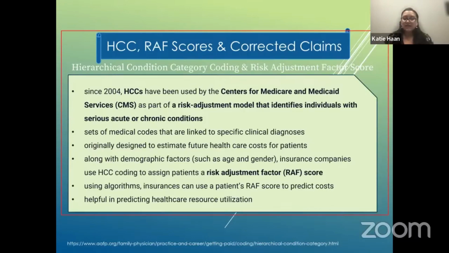They're originally designed to estimate future health costs for patients, and along with demographic factors such as age, gender, insurance companies use HCC coding to assign patients a risk adjustment factor or RAF score. Using algorithms, insurances can use a patient's RAF score to predict costs, and it's helpful in predicting healthcare resource utilization.